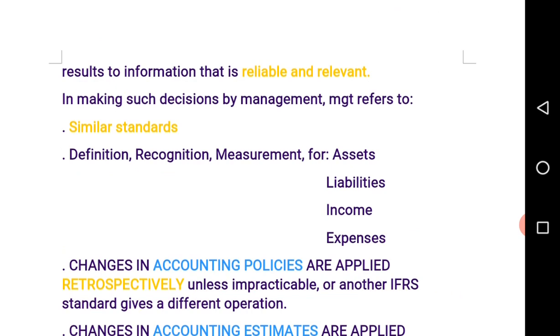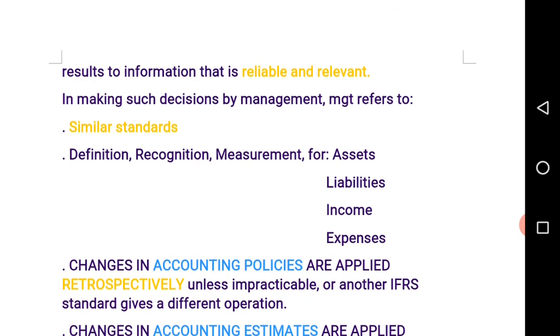Then in doing this, they could also refer to similar standards if they exist, and also check the definition, recognition, measurement to classify the new transaction as an asset, liability, income, or expense, because that is where the bulk of transactions go into.